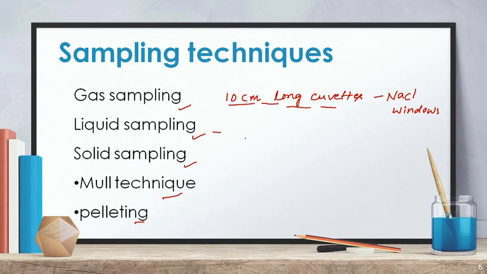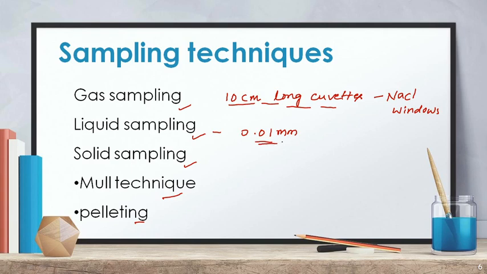Now come to liquid sampling, or sampling of liquids. For liquid samples, cuvettes with fixed path lengths as well as variable path lengths are commercially available. Here we are not mentioning any length; the thickness of the cuvette must be 0.01 millimeter.